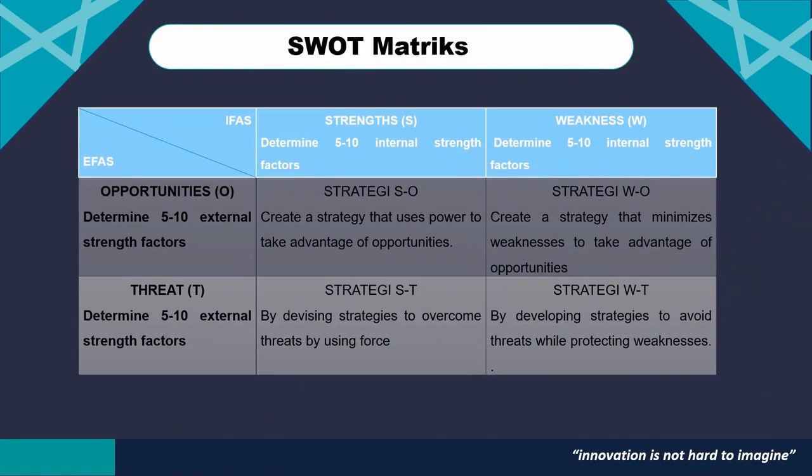SWOT matrix. After the SWOT analysis mapping is made, a matrix table is made as a SWOT information table. Then we do a comparison between internal factors, which include strength and weakness, with external factors, opportunity and threat. After that, we can carry out an alternative strategy to be implemented.